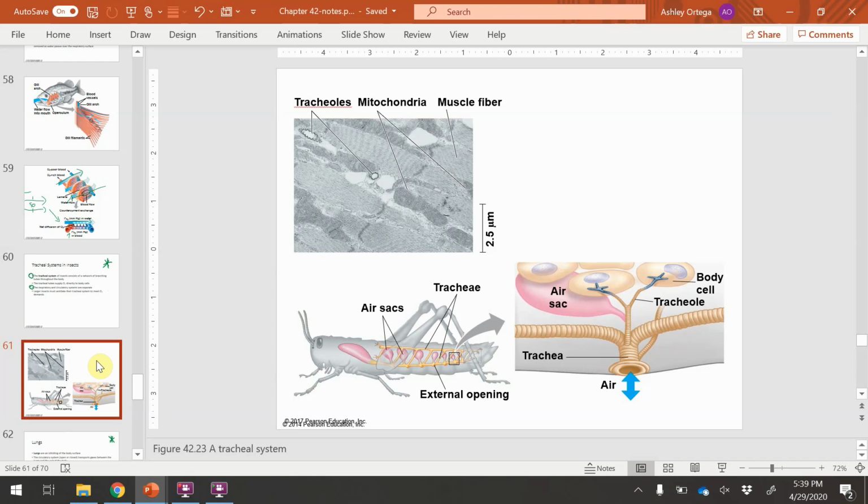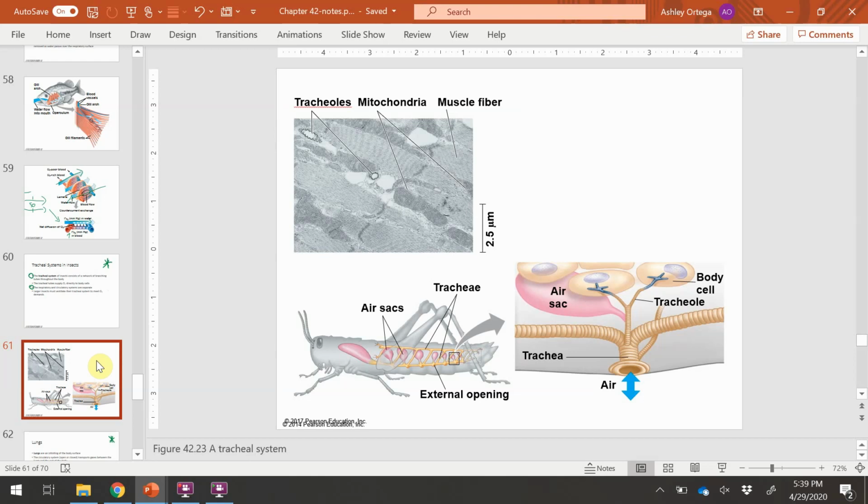Then these large tubule branches will go to tracheoles, and then to body cells, or to an air sac that's usually around large organs and helps with exchanging gas quickly and efficiently.